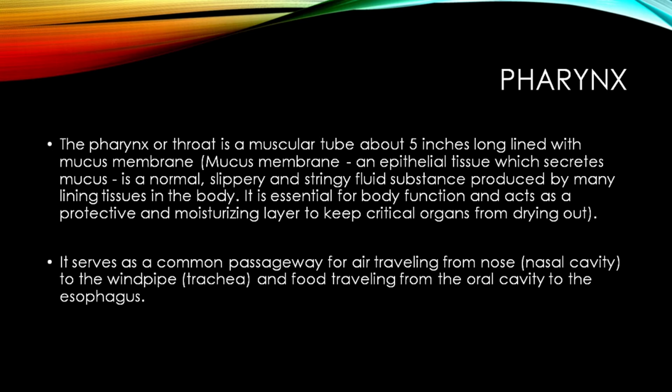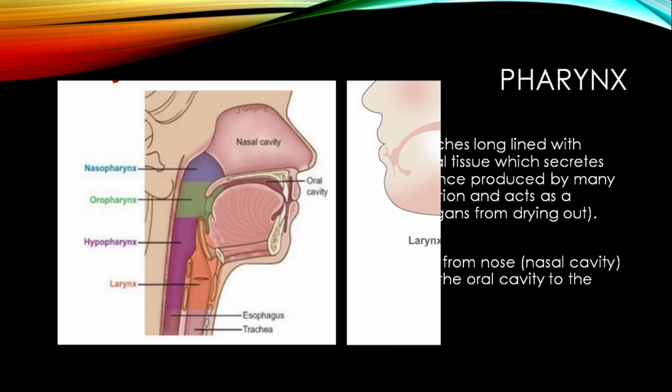It is essential for body function and acts as a protective and moisturizing layer to keep critical organs from drying out. It serves as a common passageway for air traveling from the nose to the windpipe and food traveling from the oral cavity to the esophagus.